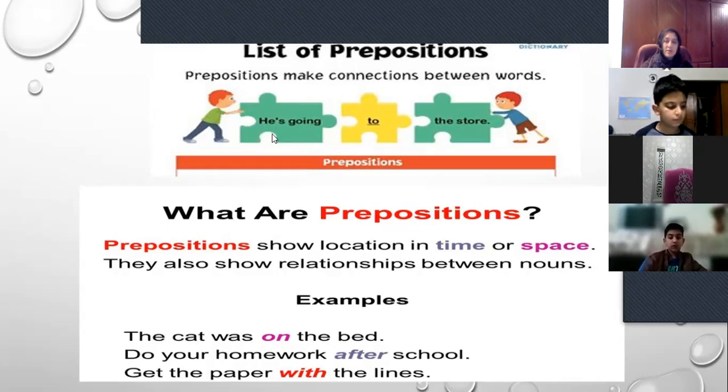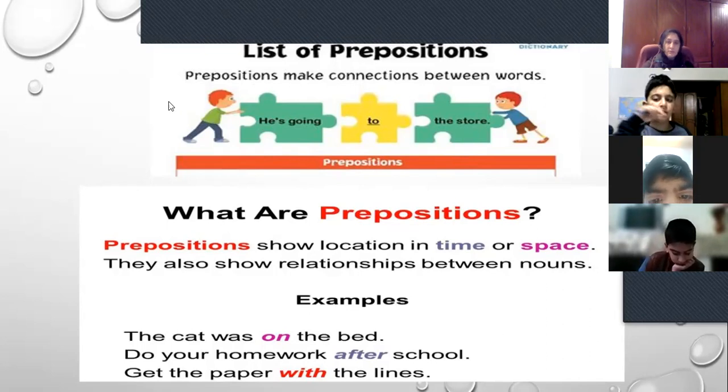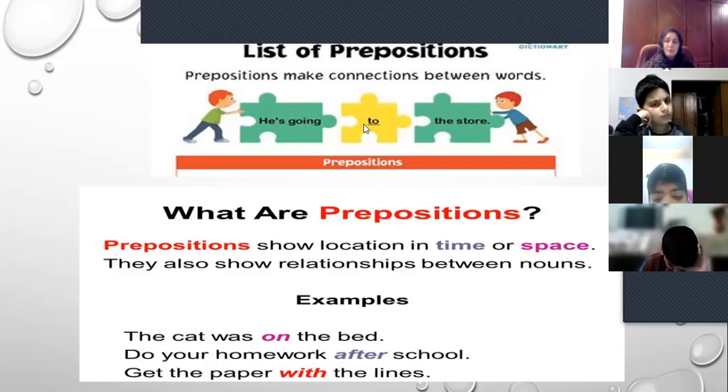As you can see the example on my slide, he's going to the store. So you can see he is going and the store. When we connect them with this word to, that is a preposition, then it makes a complete sentence. So it means that without a preposition, a sentence wouldn't be a complete sentence. So that's why prepositions make connections between the words.